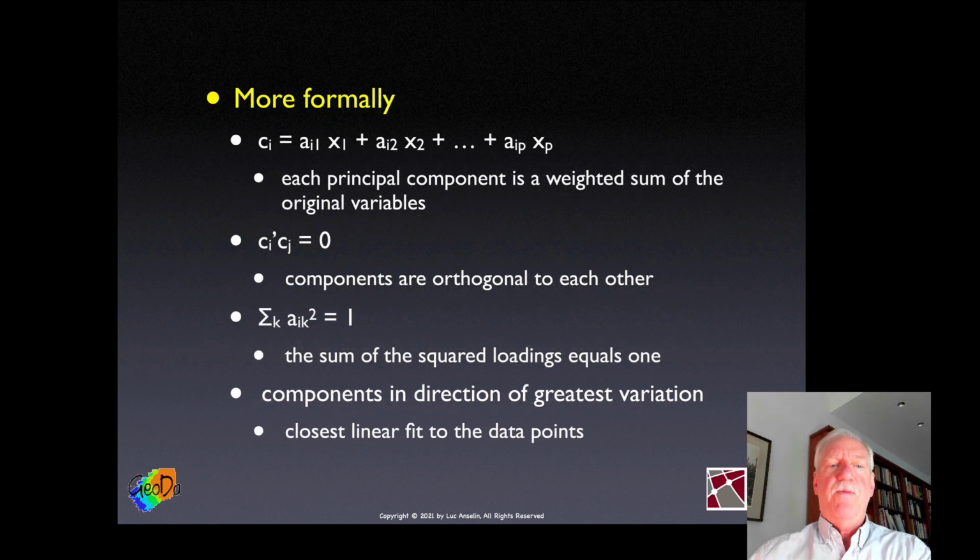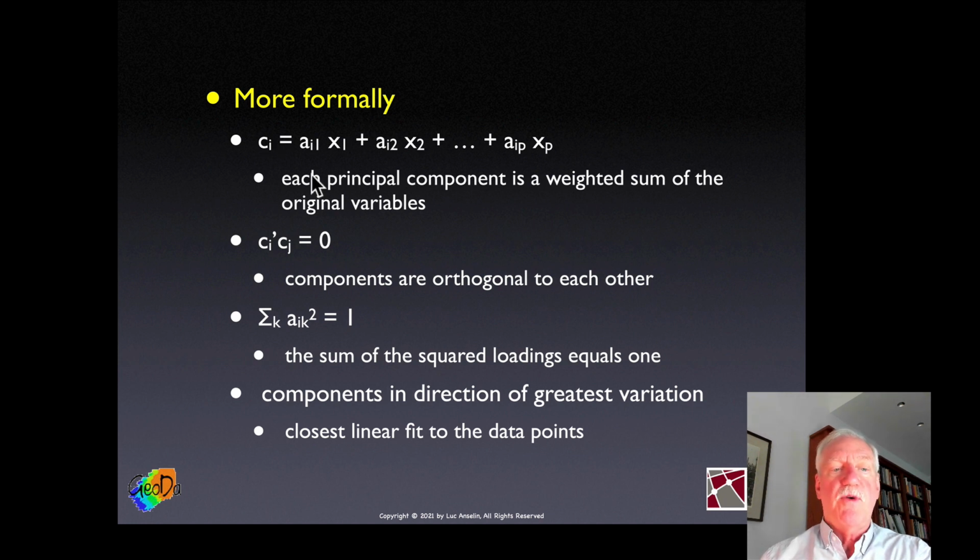So formally, what we're doing is x1 through xp are the original variables, ai1, ai2, through aip are the loadings, and we multiply the original variables by the loadings to get an observation of the new principal component.